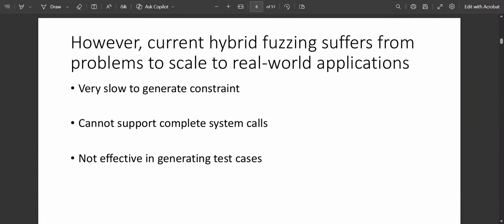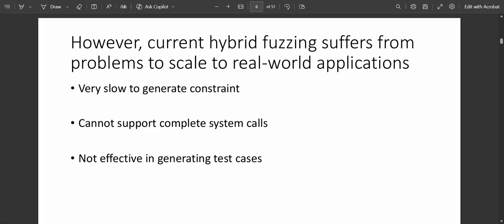The current model of hybrid fuzzing cannot be used for real-world problems because it has many problems: it is very slow, cannot support system calls, and is not effective in generating test cases.